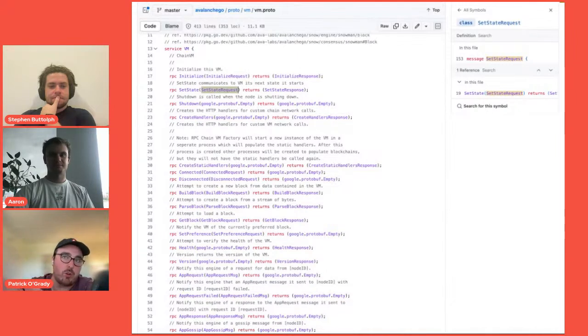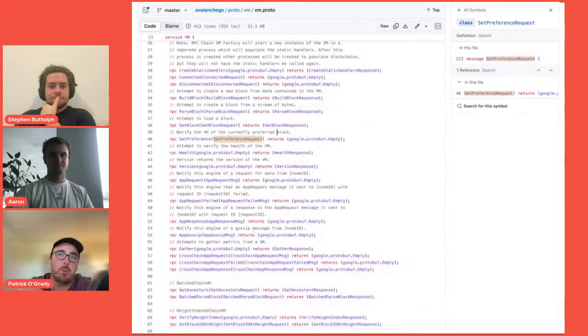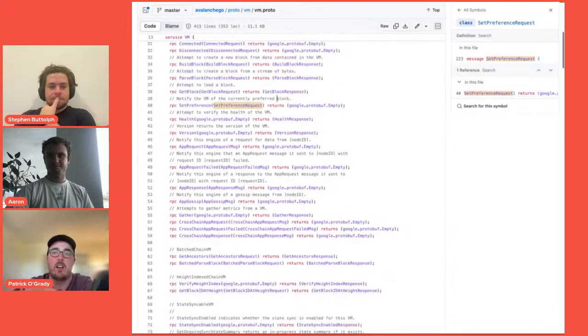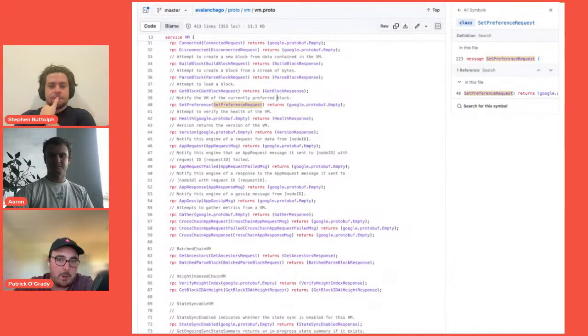You have full control over networking. You have full control over when you build blocks, and how you respond to different requests from the consensus engine, because you manage all of state. And so the HyperSDK actually wraps this and communicates with AvalancheGo over gRPC on your behalf.